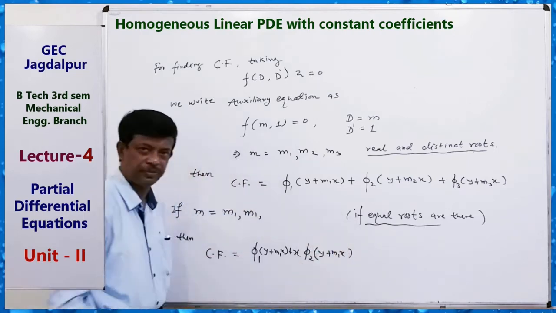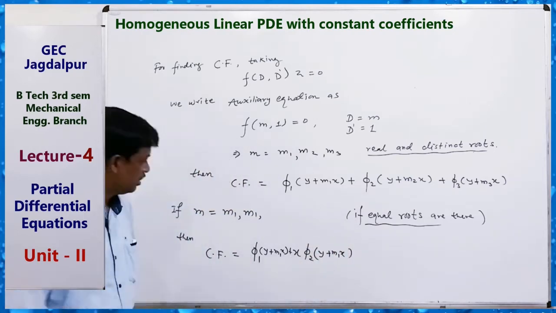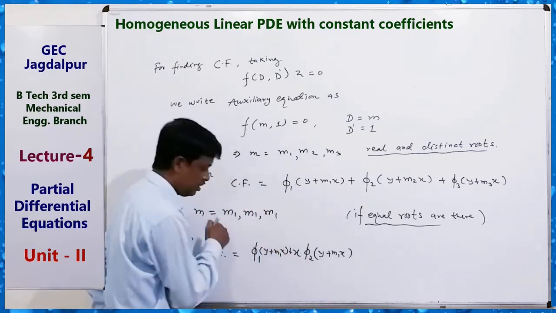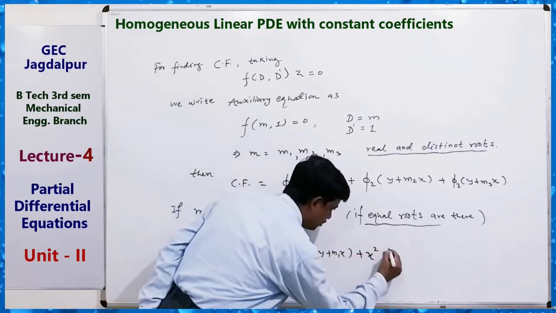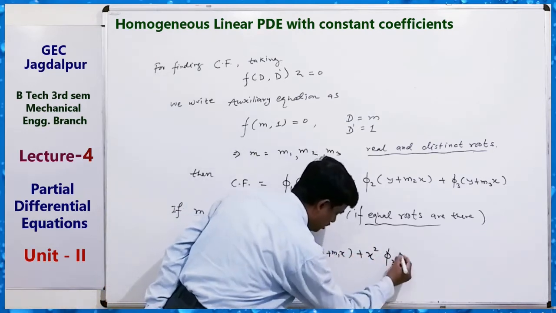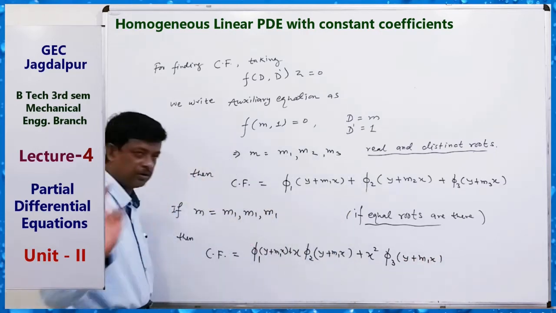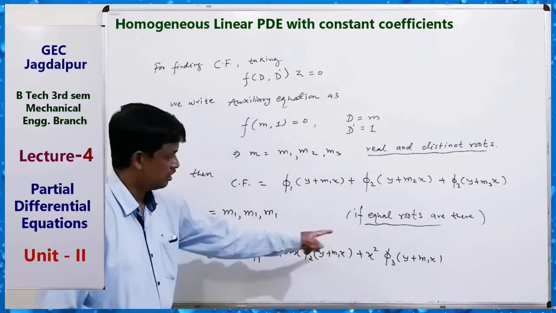Both are the same, but the functions are different: phi 1, phi 2. Here x is multiplied. If three roots are equal, then x power 2, x square, phi 3 of y plus m1x. Here the m1 are equal, but phi 1, phi 2, phi 3 differ. Three roots are equal, then this.